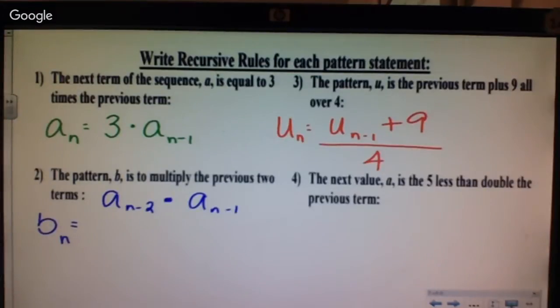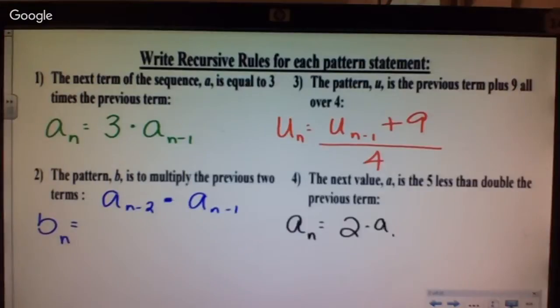Okay. Last one. The next value, a sub n equals 5 less than double the previous term. Wait, 5 less than double the previous term. So does that mean multiply the one before it times 2 and take away 5? So double the previous term is 2 times what comes before this.